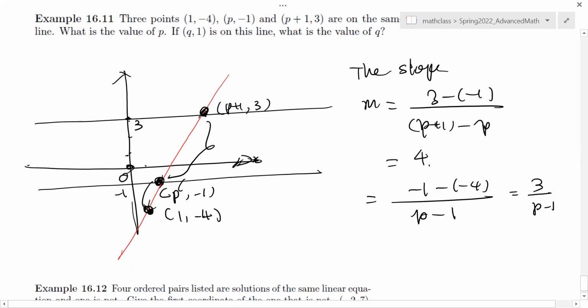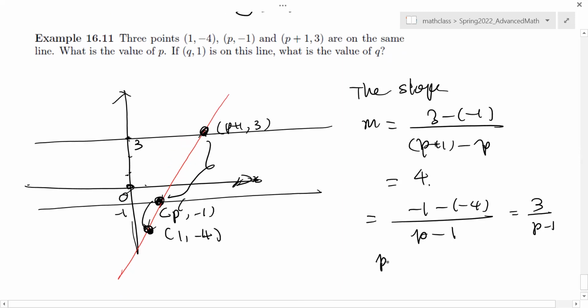So from here, you find P. They must be equal. So 3 over P minus 1 equals 4, so P minus 1 is going to be 3/4. So P equals 1 plus 3/4 equals 7/4. You know why? Because these 2 must be equal. You just solve the equation.